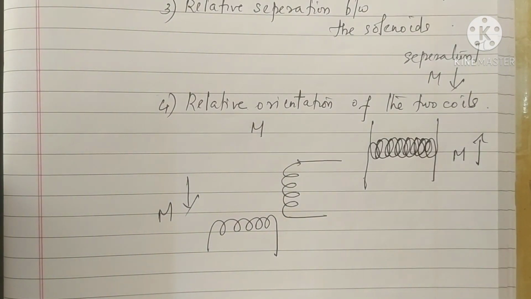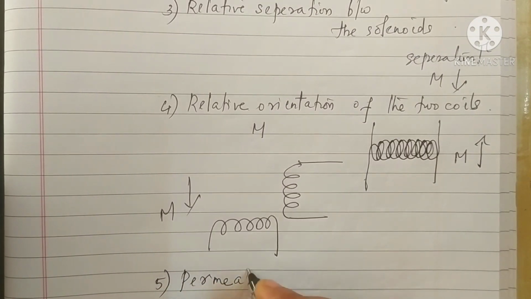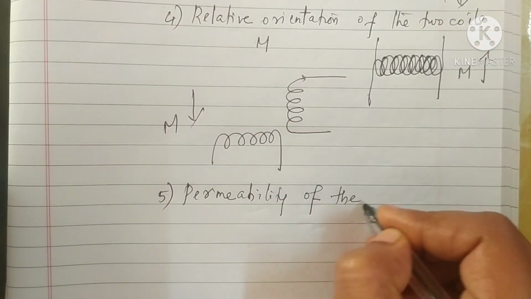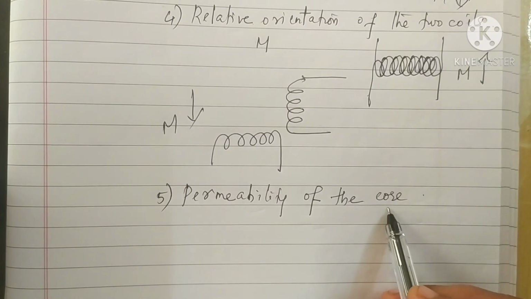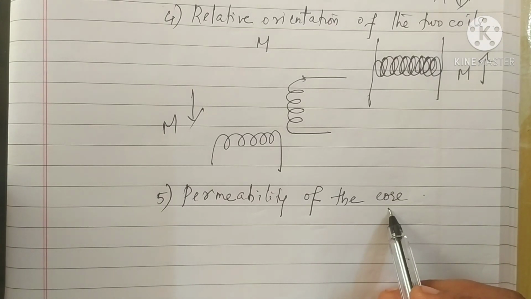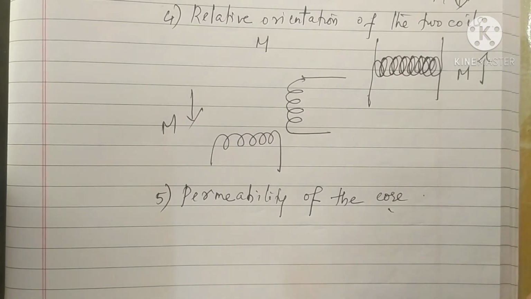One more factor you can say is the permeability of the core material. That is the fifth factor. If the core material we are using has good relative permeability, we will get a larger value of mutual inductance. Suppose you are using an iron core, it has a greater relative permeability, so the mutual inductance also increases that many times.